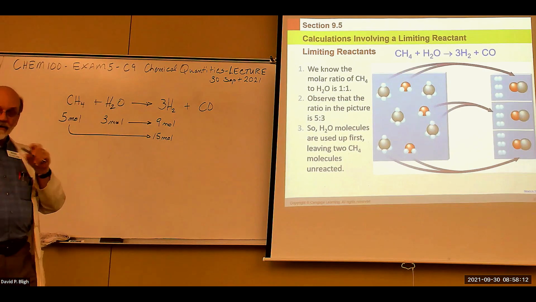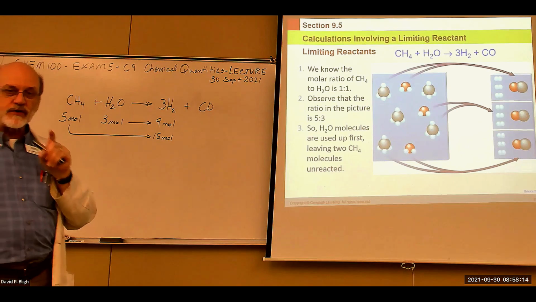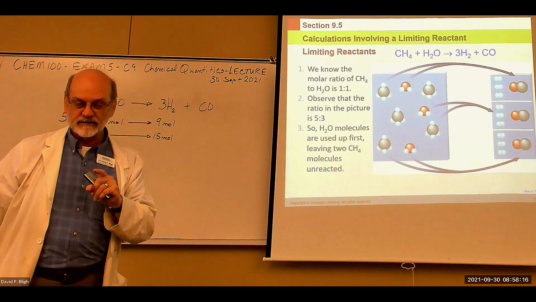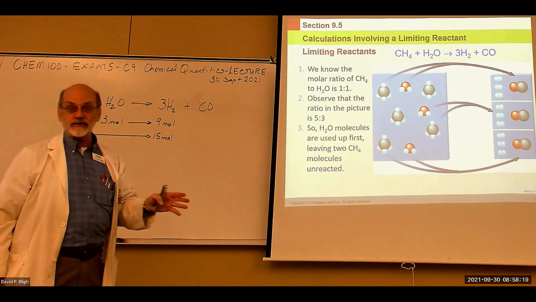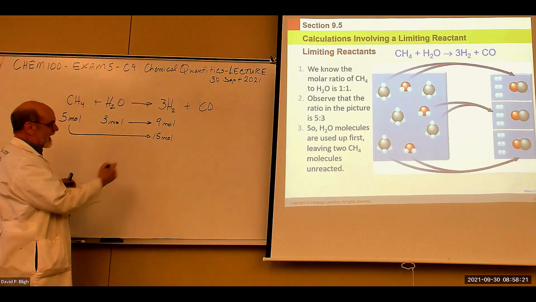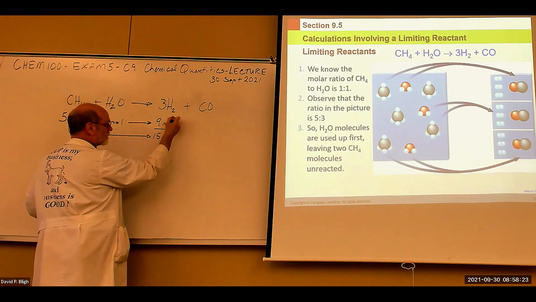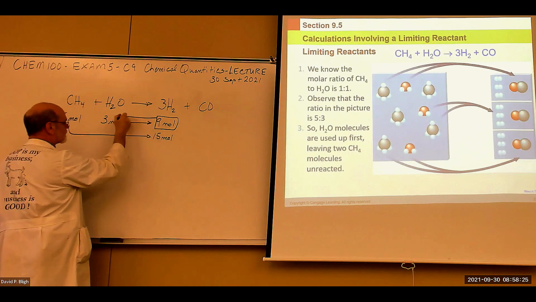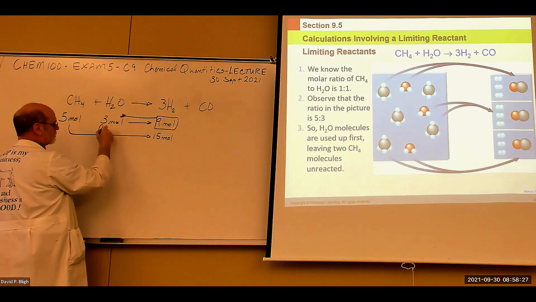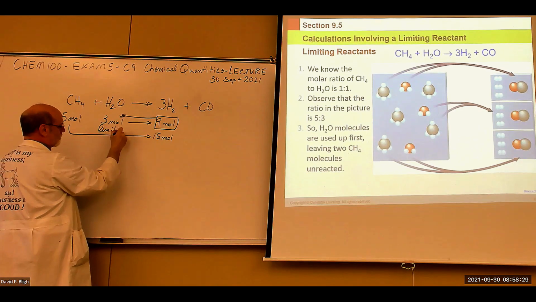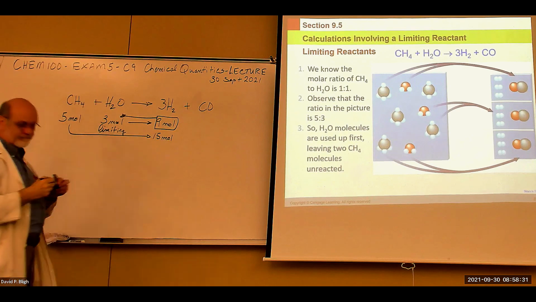Okay? The limiting reactant is the one that produces the least amount of product because it runs out first. So that tells you that this one is limiting. Okay?